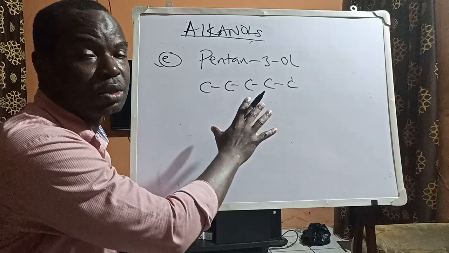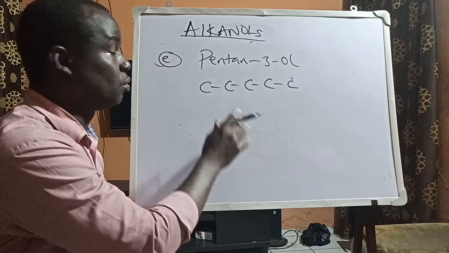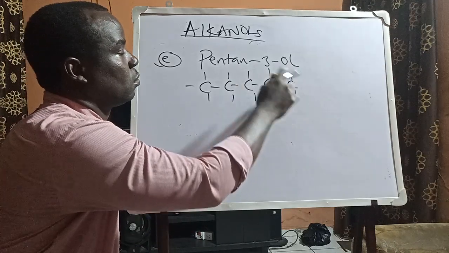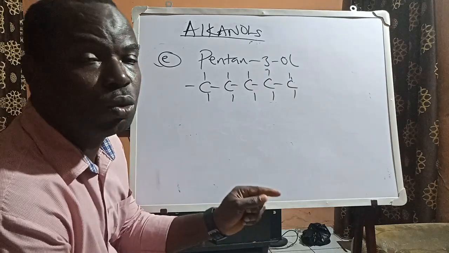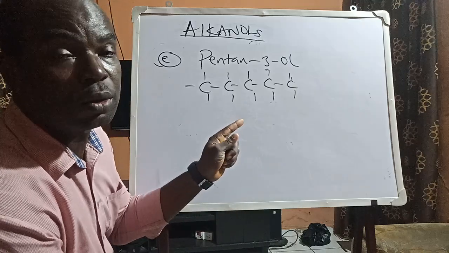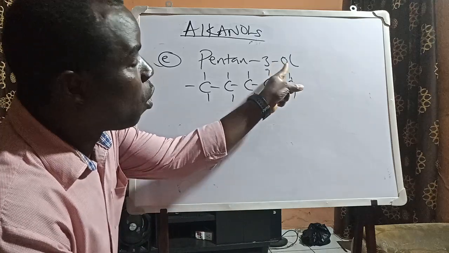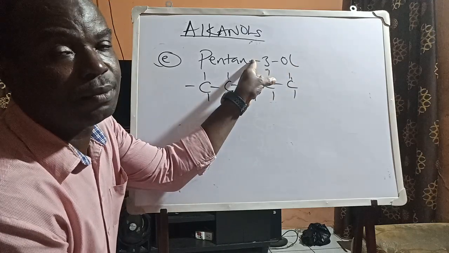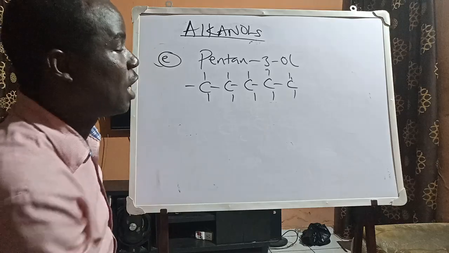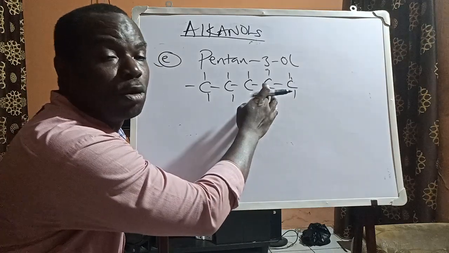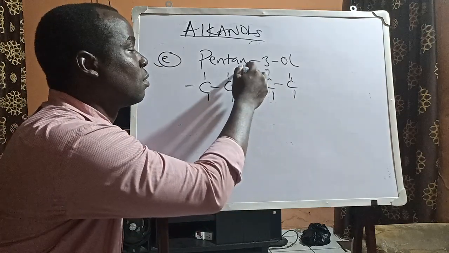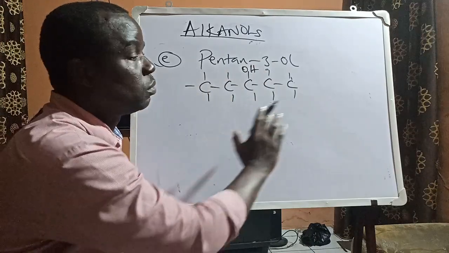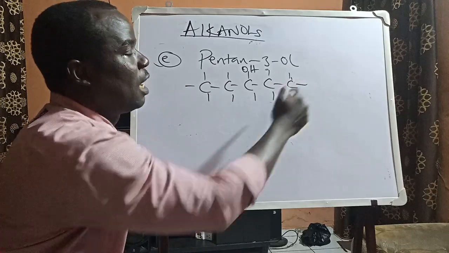Then we complete the bonds like I explained to you in the last video. Now, from last example, we had 2-ol. Now we have 3-ol. The ol means that the OH now belongs to carbon number 3. Okay? So I count from here, carbon number 1, carbon number 2, carbon number 3. I put the OH. The rest will now be occupied by hydrogen.